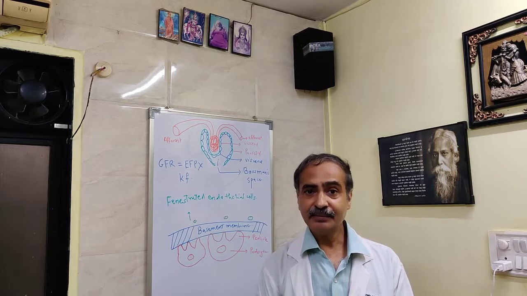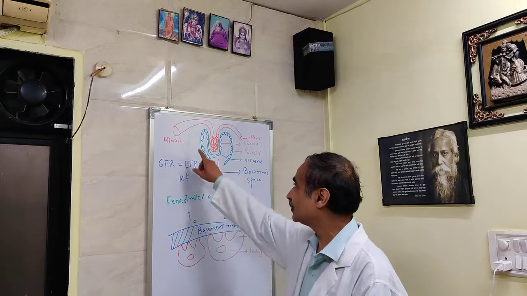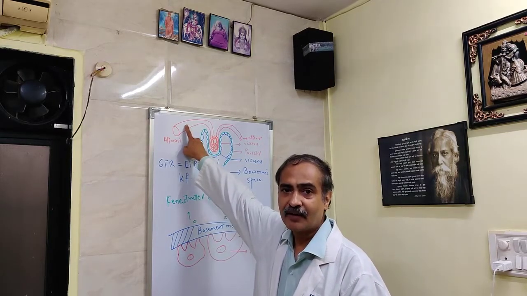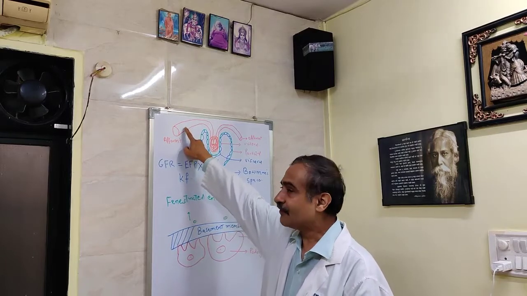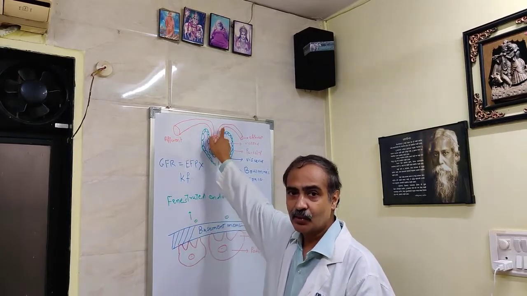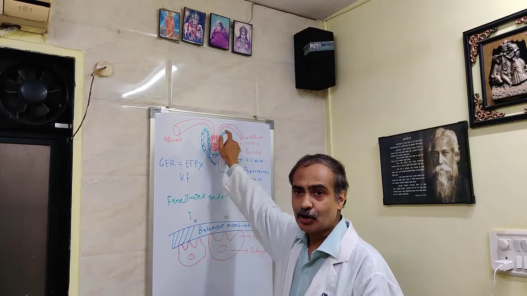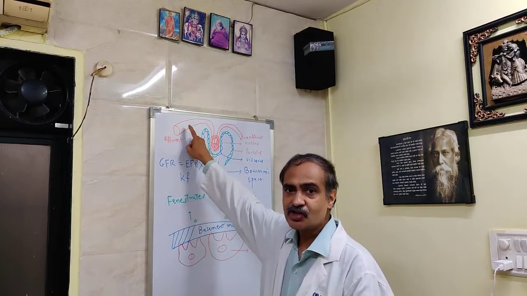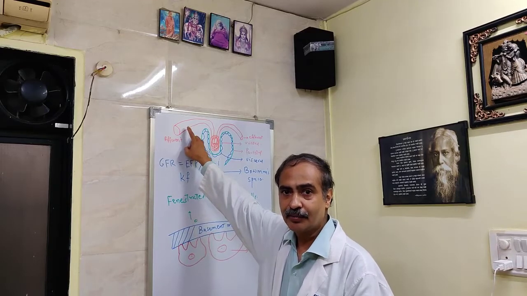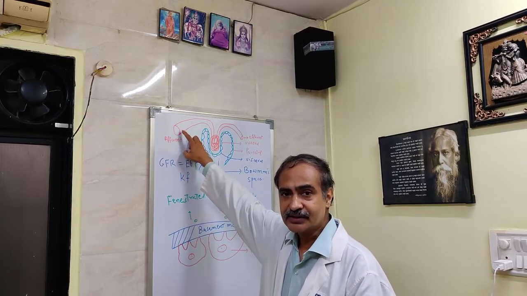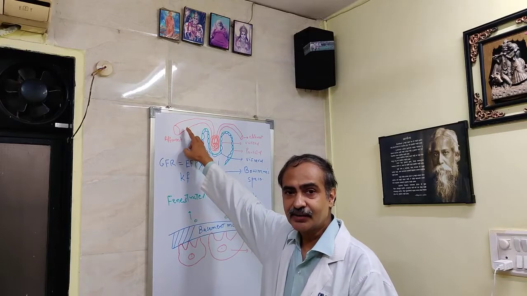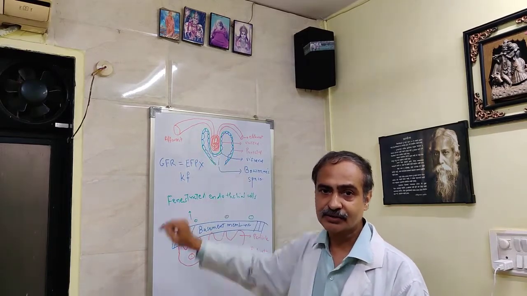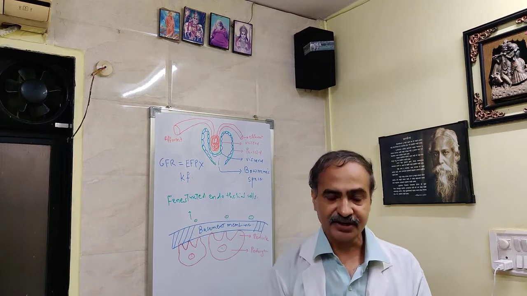But this renal blood flow in turn depends upon the state of dilatation or constriction of the afferent arteriole, because the afferent arteriole breaks into 35 to 40 loops of capillary. So when there is dilatation of the afferent arteriole, there is a wide lumen, therefore increased blood flow resulting in increased hydrostatic pressure, hence increased filtration across the glomeruli and hence increased glomerular filtration rate.